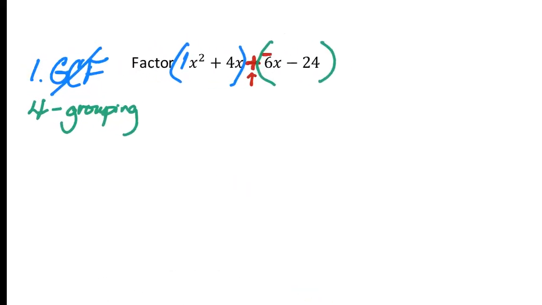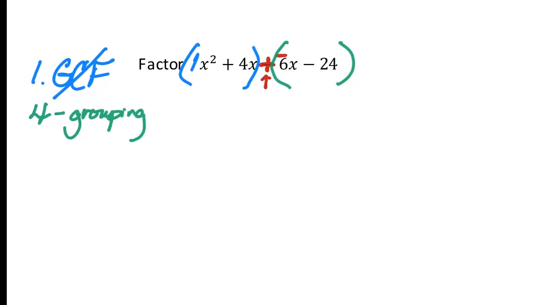So looking at the first set of parentheses, I have coefficients of 1 and 4. The smallest one is 1, so I could divide by 1. I wouldn't have to, but you can. And looking at the variables, I have x to the second, and this would be an x to the first.